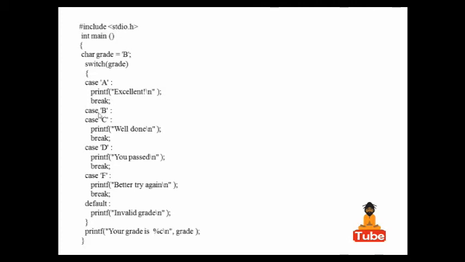For case B and case C I am writing printf well done, break, case D you passed, F better try again, default invalid grade, if any other grade is given that does not belong to these cases given here, A, B, C, D, F.